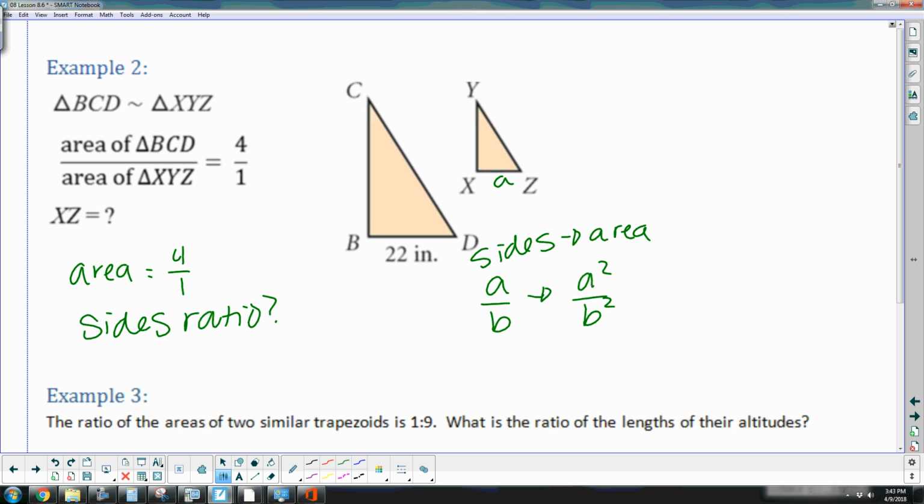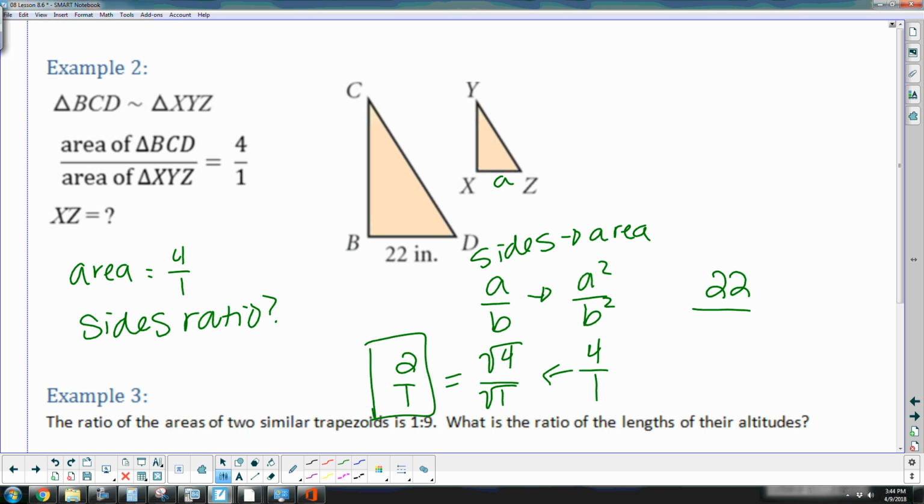So what we need to do is work backwards. Here we have the area ratio, 4 to 1, and we need to work backwards to get to the sides ratio. So we take the square root of 4 and the square root of 1, which is equal to 2 to 1. So we know that the ratio for the sides is 2 to 1.